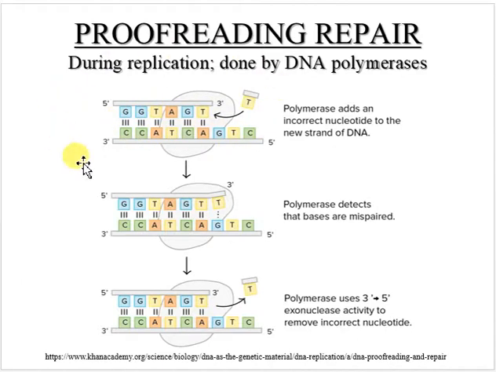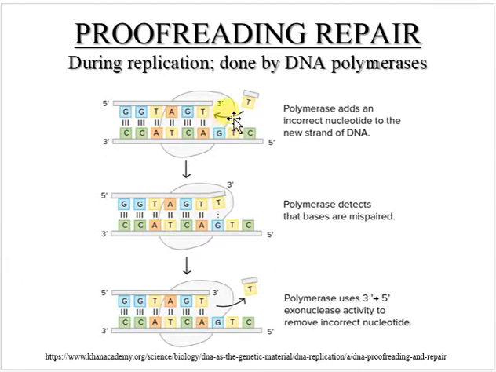You're doing your normal replication here, and something happens. Maybe you have slippage or something stalls the polymerase while it's synthesizing that new strand of DNA, and it adds an incorrect nucleotide to that new strand.